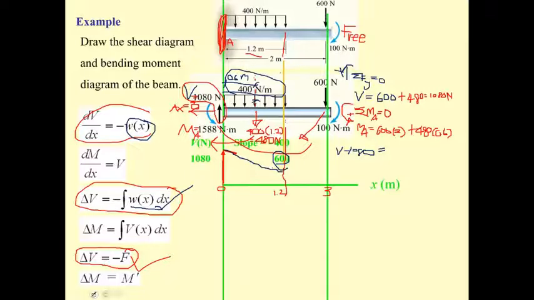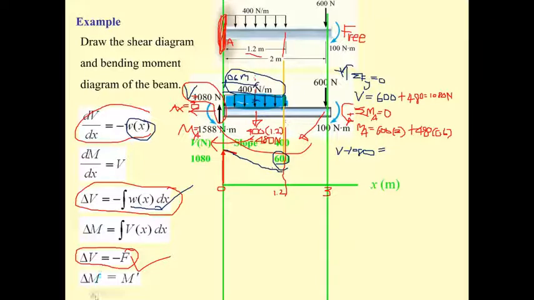So it's going to be equal to this area, and negative.